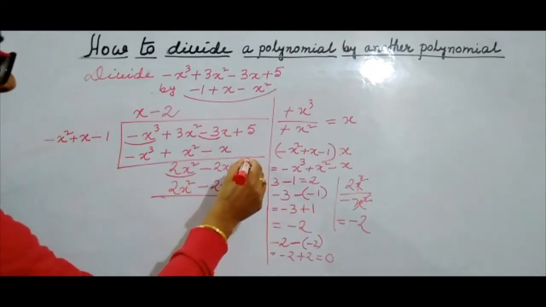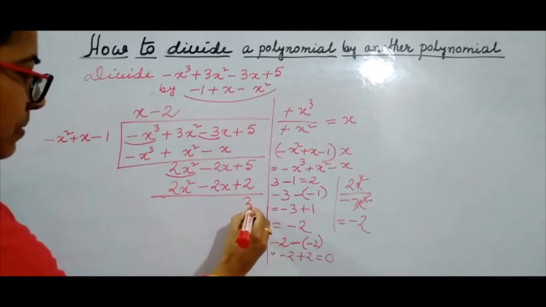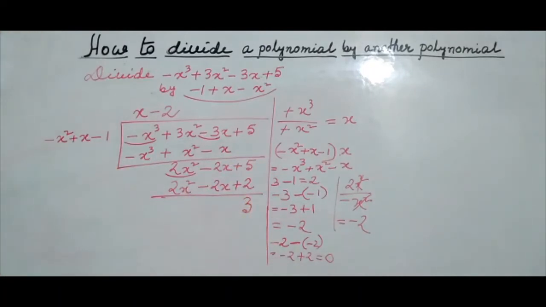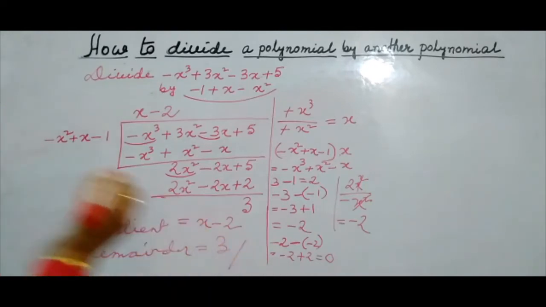Now finally 5 minus 2 is equal to 3. So simple, you just see. So you write quotient equal to x minus 2 and remainder equal to 3. Very simple.